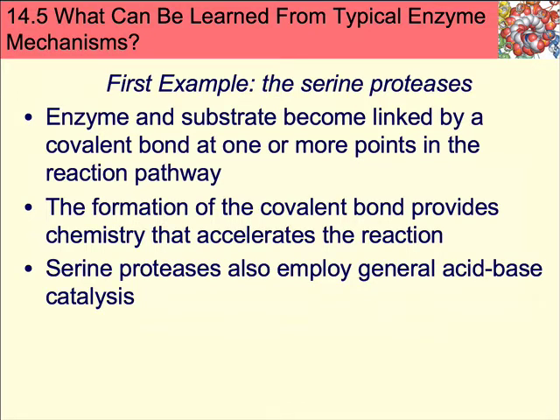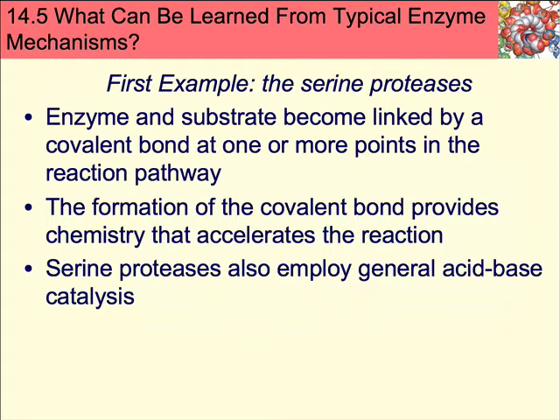And so the reaction we're going to see is a reaction that cleaves a peptide chain by breaking the amide bond in the middle of a peptide. And chymotrypsin and trypsin, of course, are endoproteases, so they cleave in the middle of a chain. And they also happen to involve a serine in the active site of the enzyme, so that's why they're called the serine proteases. And in fact, that serine is involved in a covalent bond in the mechanism of the enzyme.